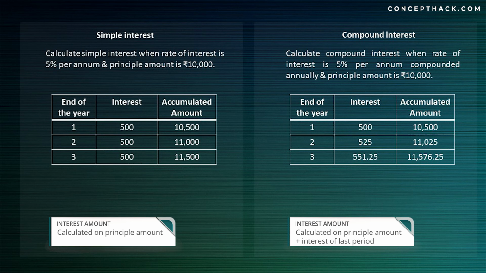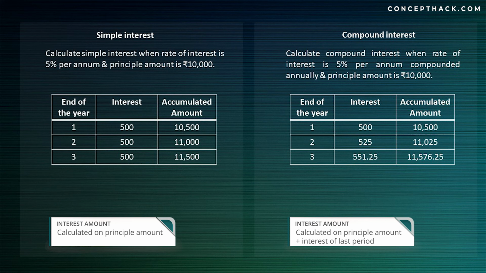Whereas in case of compound interest, interest at the end of year 1 is calculated on principal amount, whereas at the end of year 2, interest is calculated after compounding principal amount and interest of first year, that is 10,500 rupees. Same way at the end of third year, interest is calculated after compounding principal amount plus interest of first year plus interest of second year.